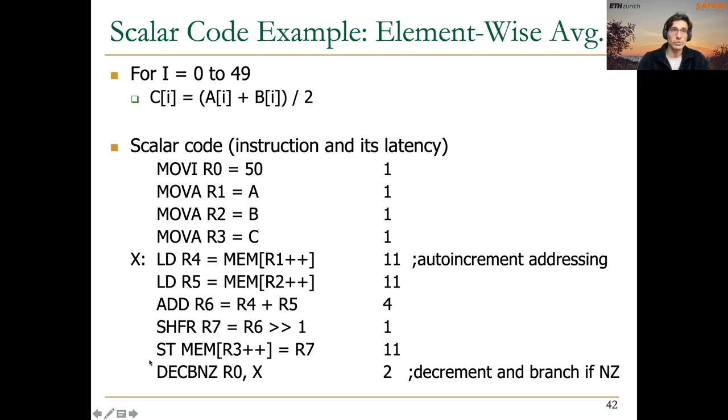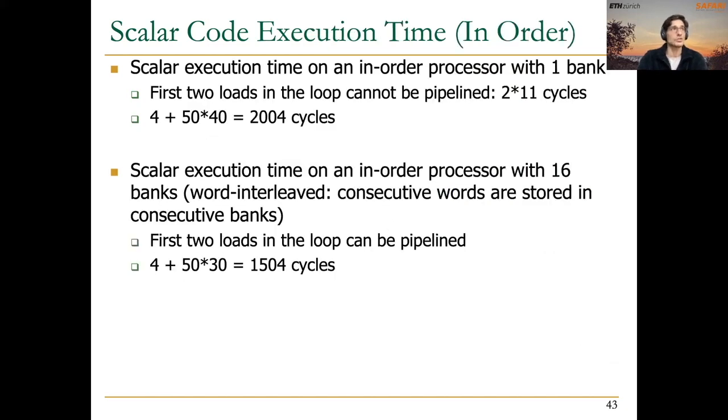If you count the number of instructions here, you can count them: 1, 2, 3, 4, and so on. But when it comes to executing these instructions on the processor, it will take longer, right? It will take a certain number of dynamic instructions, which are the actual instructions that are executed. If you count them for this particular example, you will see that in total there are 304 dynamic instructions.